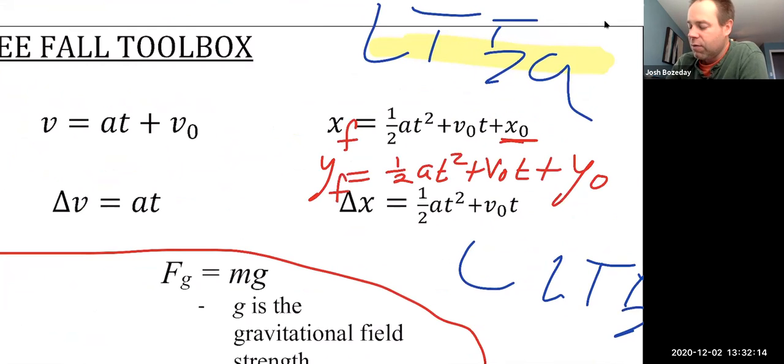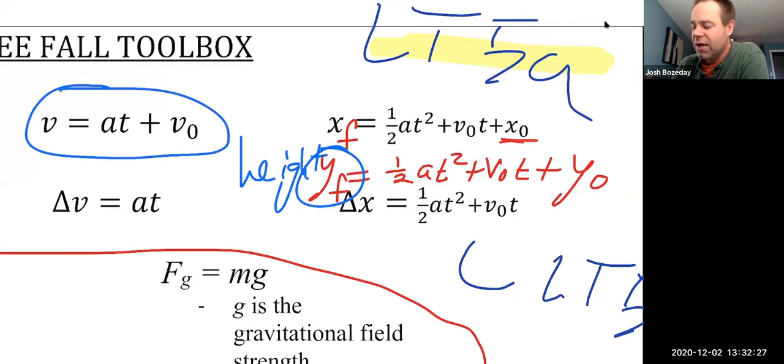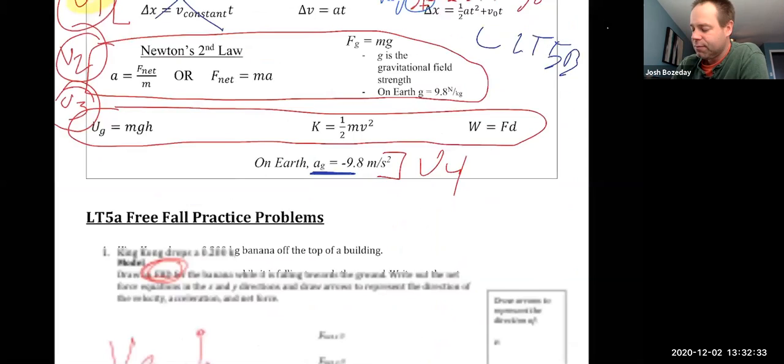And so the y corresponds to height. If there's no mention of height, then we're not using that equation because that equation has height in it. Since there's no mention of the actual value of height, we're going to use the equation over here, the one that just has velocity.